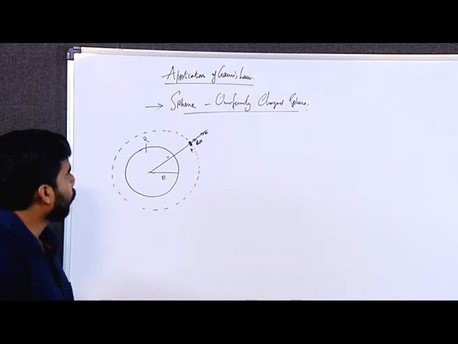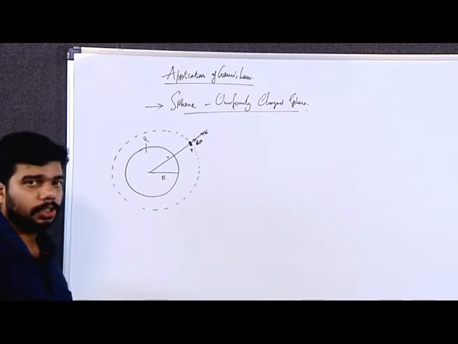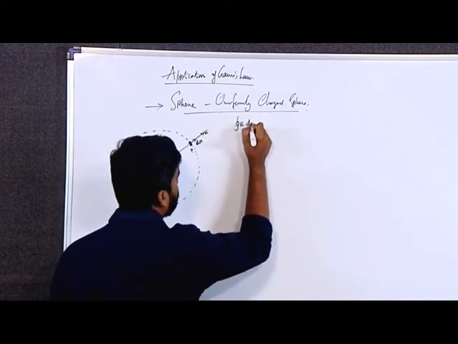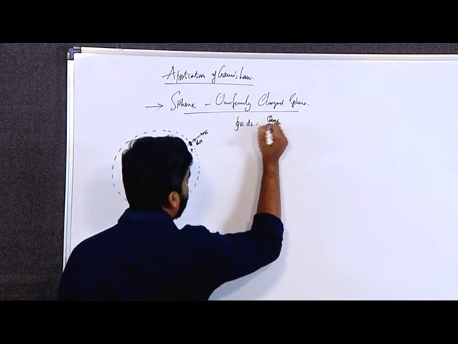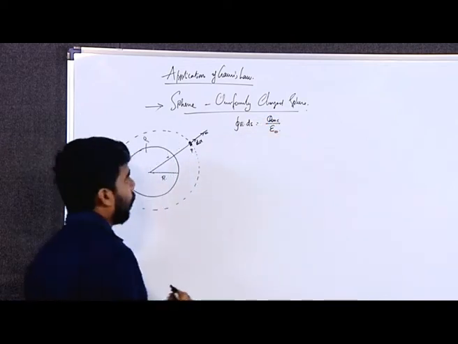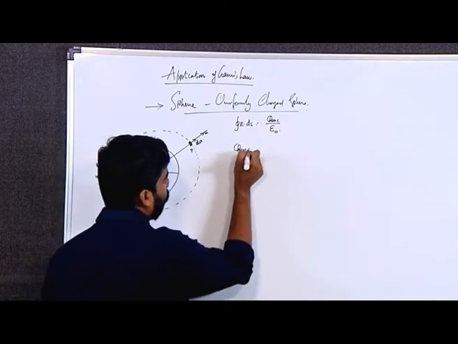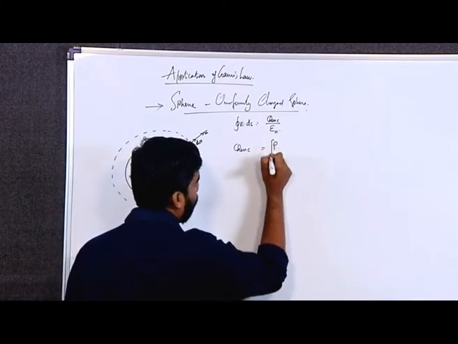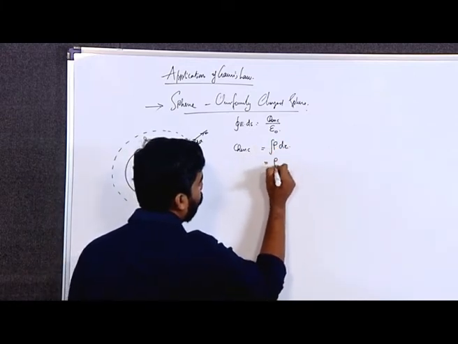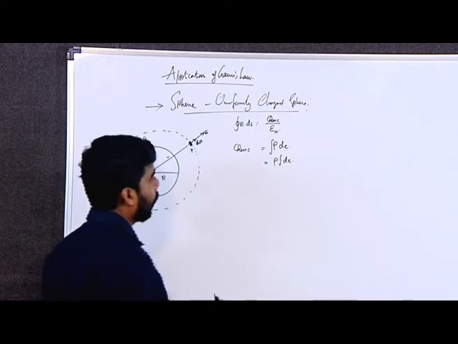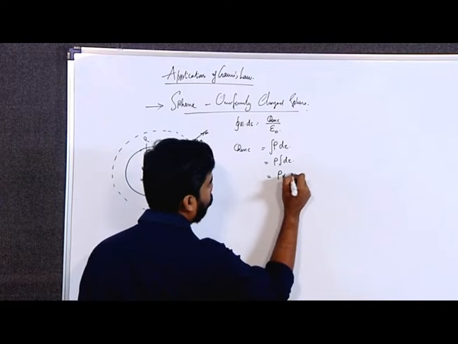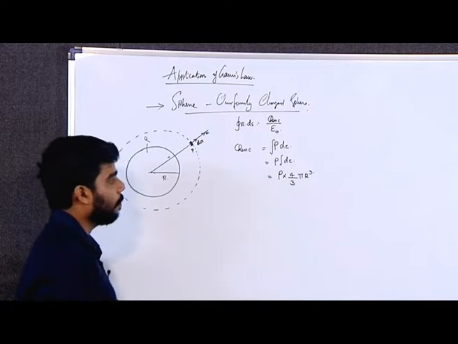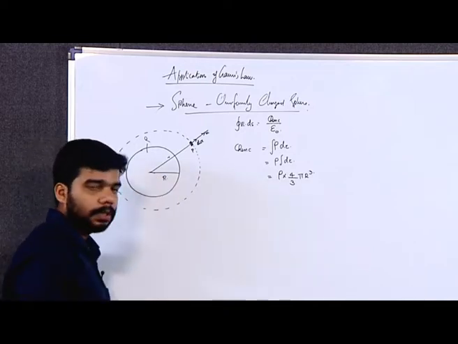Now we'll write the basic Gauss's law. The closed integral E dot ds is equal to q enclosed by epsilon 0. What is q enclosed actually? The total charge enclosed is equal to integral rho d tau, which is rho into integral d tau, which is equal to rho into 4 by 3 pi r cube, where r is the radius of the sphere.